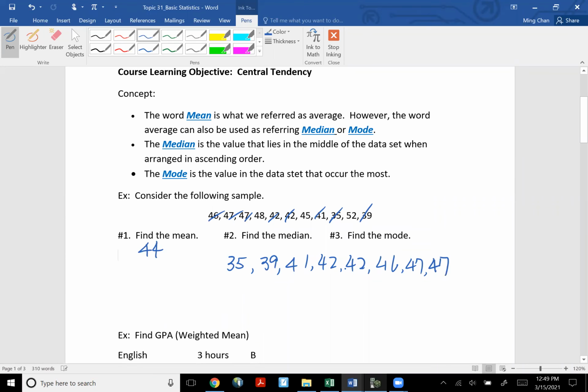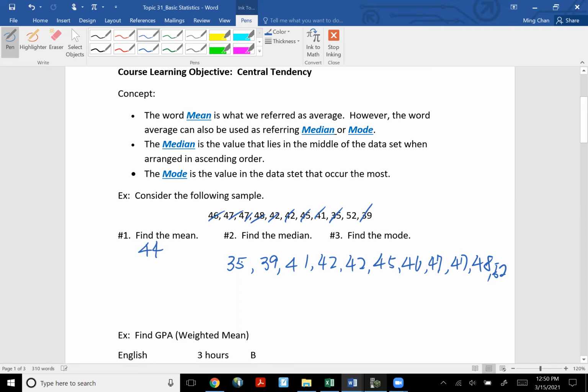Oh, excuse me, I forgot 45. So 45, 46, 47 twice, 48 and 52. I'm going to put the 52 right there.